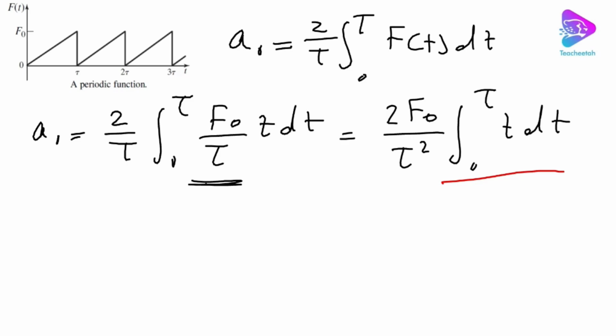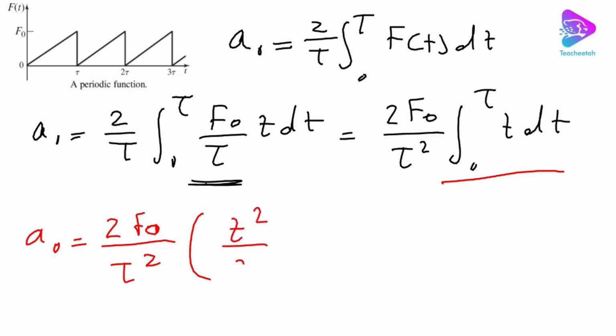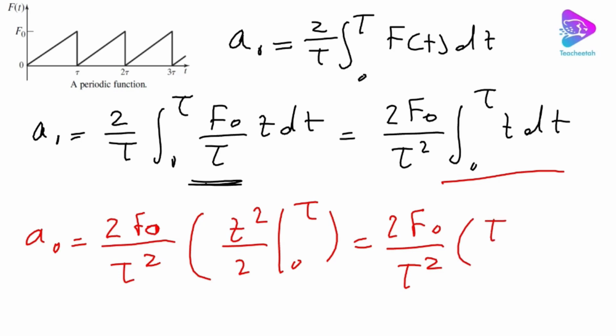So a naught would be 2 F naught divided by tau squared. The integral of t is t squared divided by 2 from 0 to tau. So if we plug in the upper bound and lower bound, we can simply find F naught. I'm going to do it here, just for showing how we can perform the process.